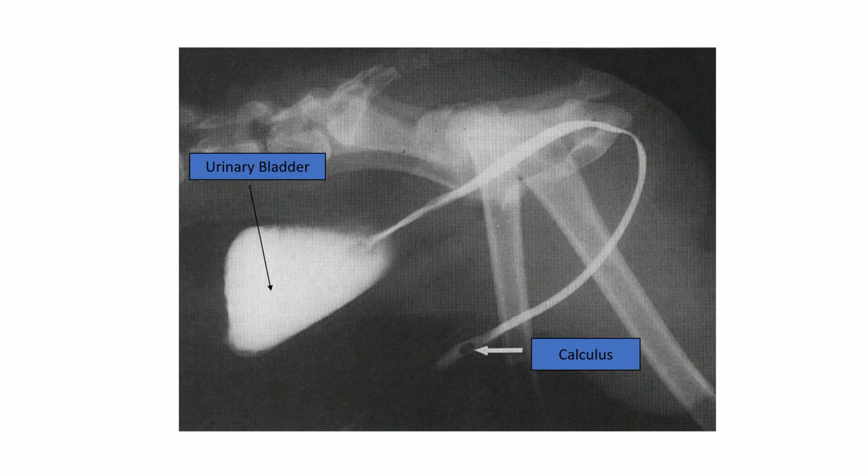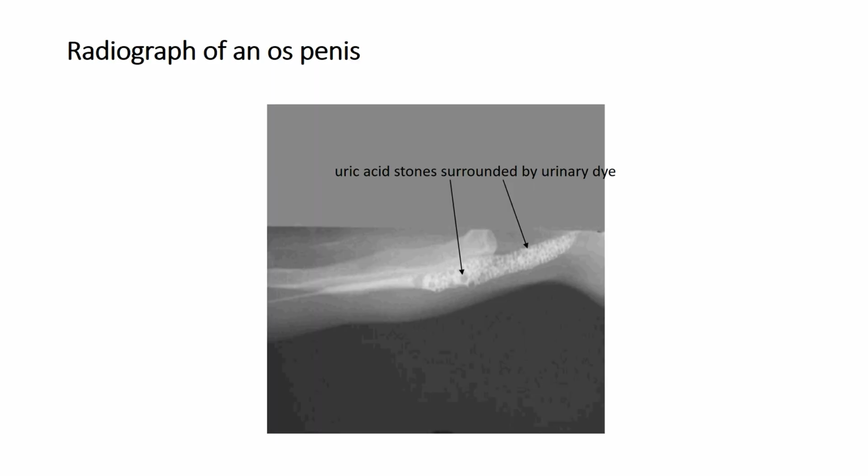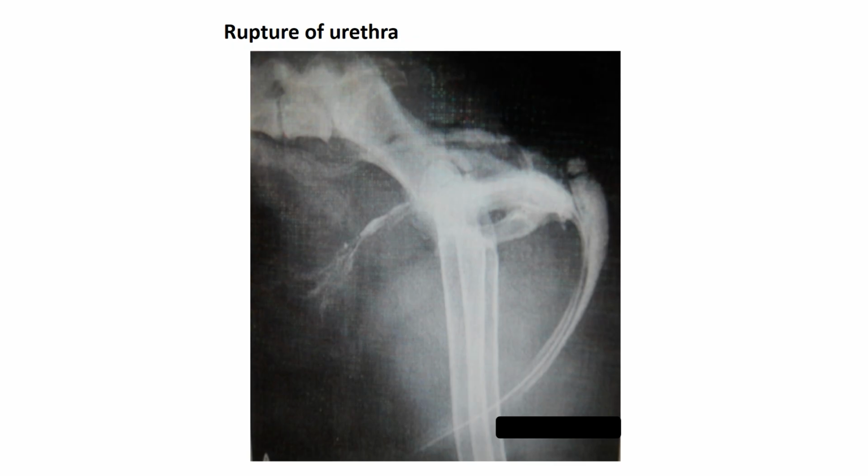In this lateral radiograph of a dog, you can see a radiolucent calculus present just below the os penis. It can easily be visualized with the help of urethrography. Here is another radiograph of the os penis, where you can see multiple radiolucent calculi just below the os penis, visualized because of positive contrast urethrography.